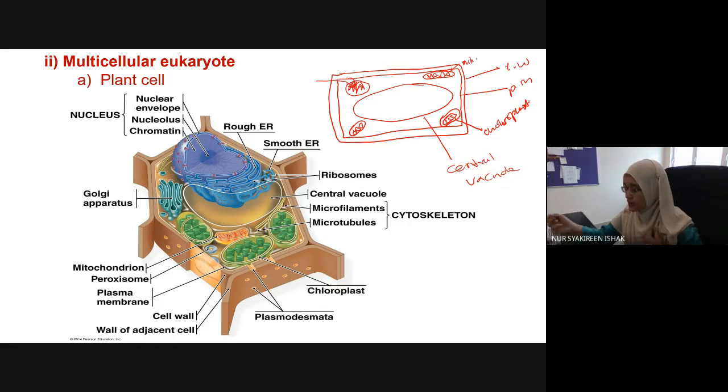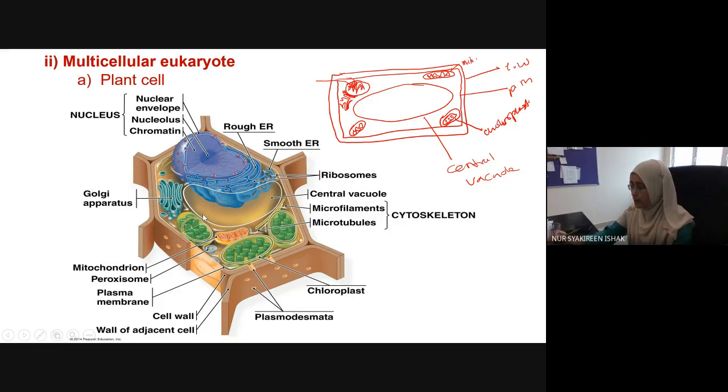Okay, mitochondria. What else does it have? It has the Golgi apparatus. Draw the Golgi apparatus. And then it has the endomembrane system, the rough ER, the smooth ER. Draw it properly.